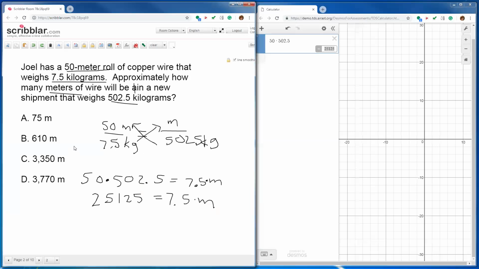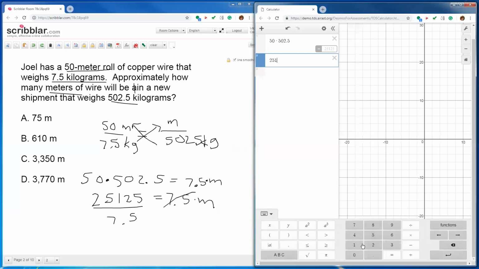So we multiplied in the one direction. Now we have to do opposites. So this is 7.5 times the m. So we've got to divide by the 7.5 to get rid of it and move it to the other side.